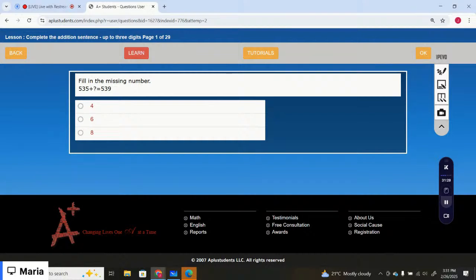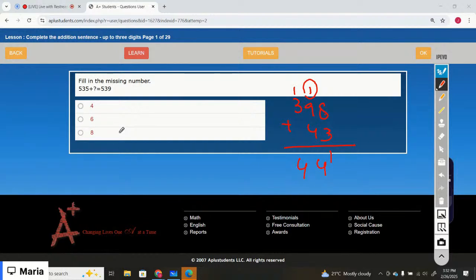Fill in the missing number. 535 plus missing number equals 539. So you need to find the missing number.